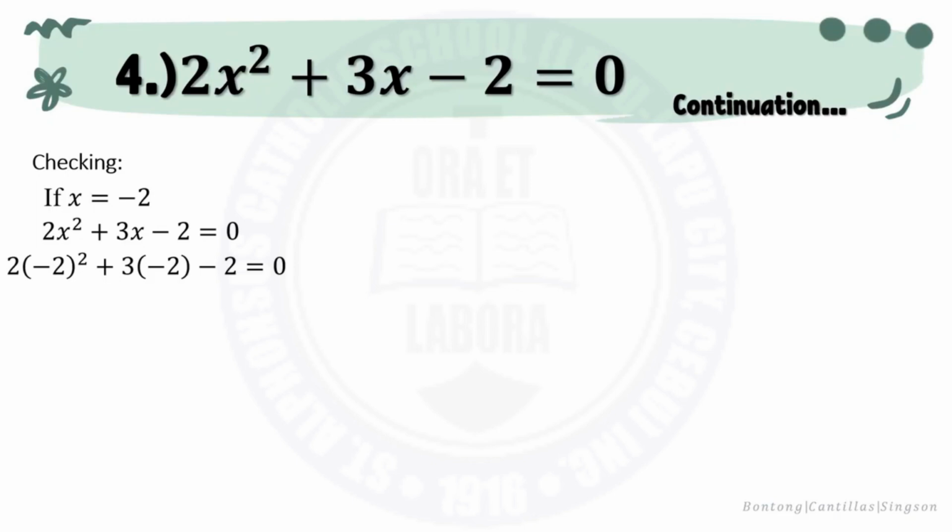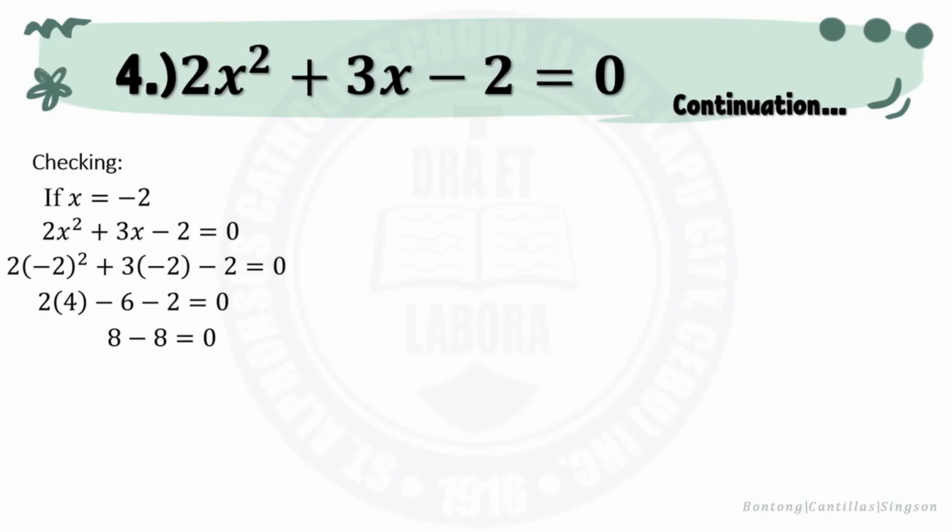So exponents first before doing anything. So you have 2 times 4 because 4 is the result of negative 2 squared. Then negative 6 here is the result of 3 times negative 2. Continue simplifying. You will have 8, because 2 times 4 is 8, minus 8.